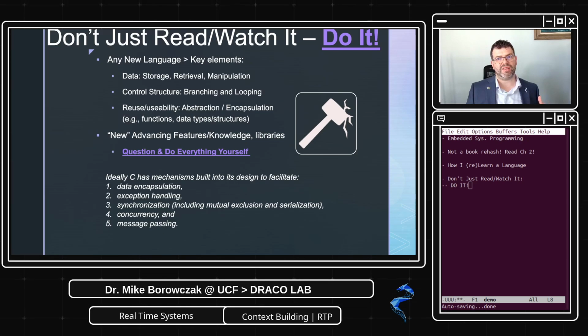Do I understand the higher level organization or patterns that I have access to make programming more about solving the problem than it is about typing, right? Okay, so then you build up from there. And after you understand the basics of the language, then look at the advanced features. And then my key message again, question and do everything yourself.